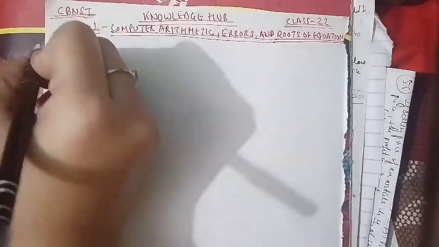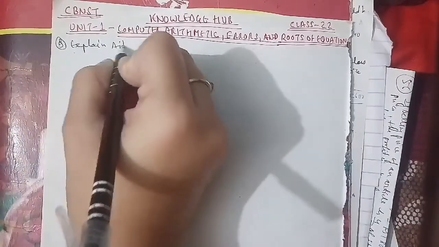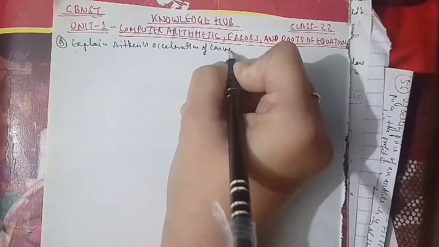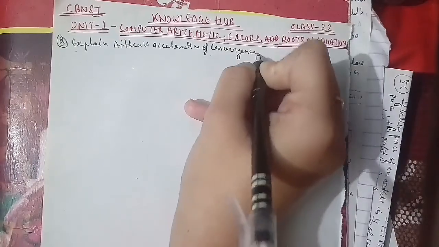So we'll start with the question: explain Aitken's acceleration of convergence.